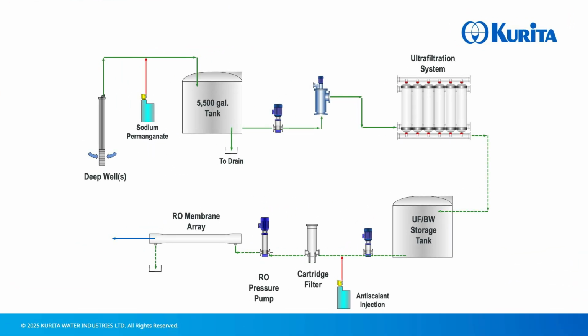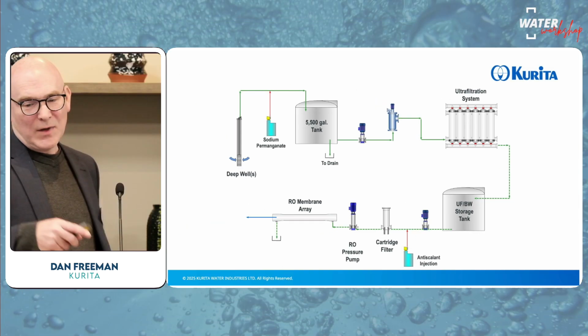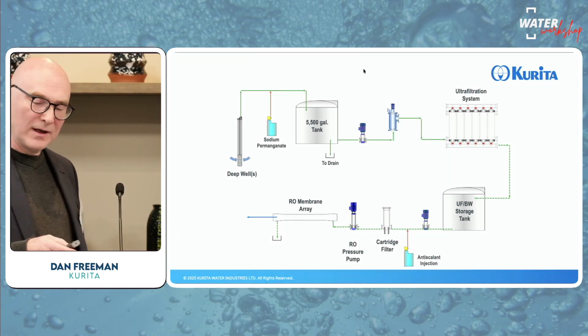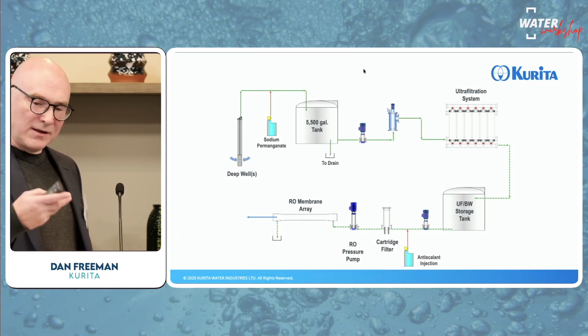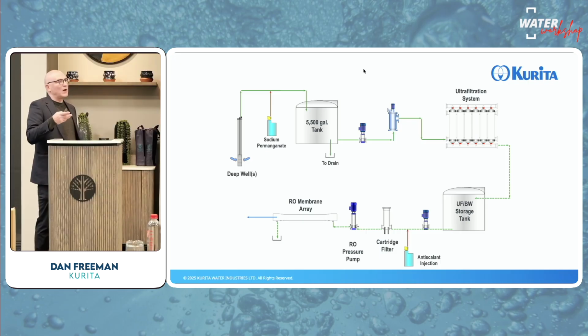This is a schematic of the system that this element came from. It's a well water source, and it's typical for well water to have iron present as ferrous ions, soluble iron. And that's not a problem for the RO, actually.